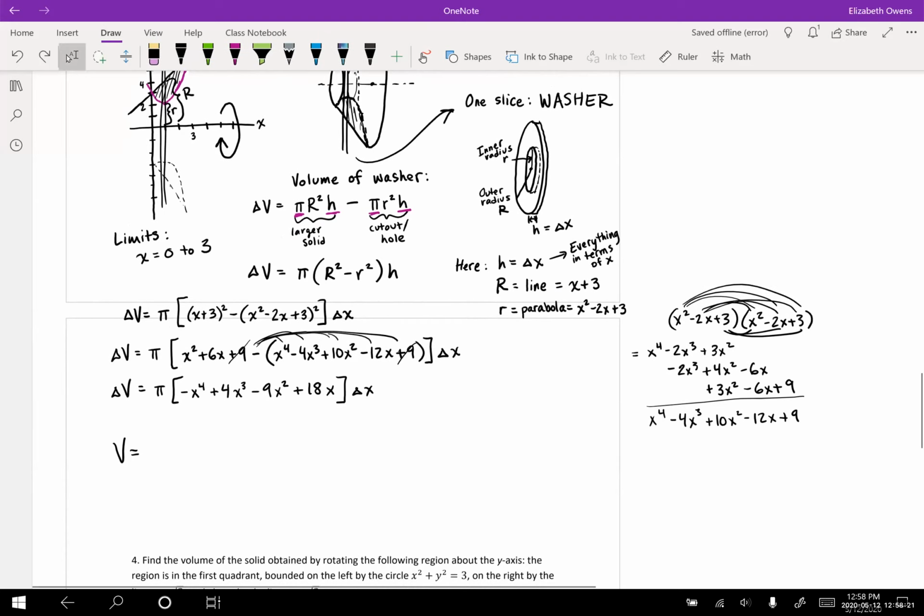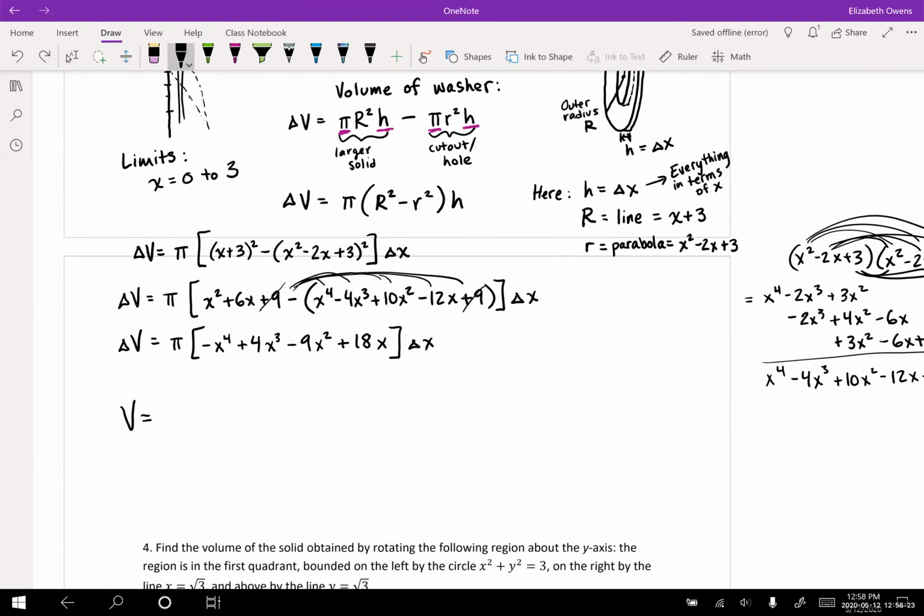So let's set up our integral. X equals 0 to 3, and then you just pop that delta v expression right in here. Pi, I'm going to use parentheses there. Negative x to the fourth plus 4x cubed minus 9x squared plus 18x, and then instead of delta x, you put dx.